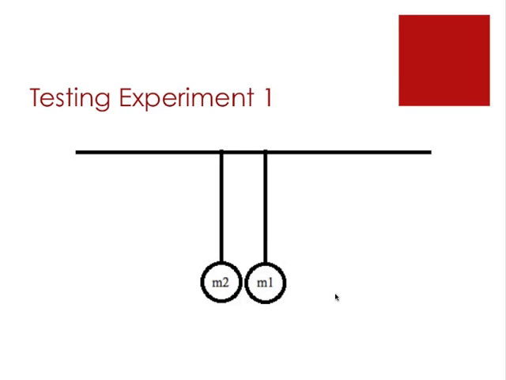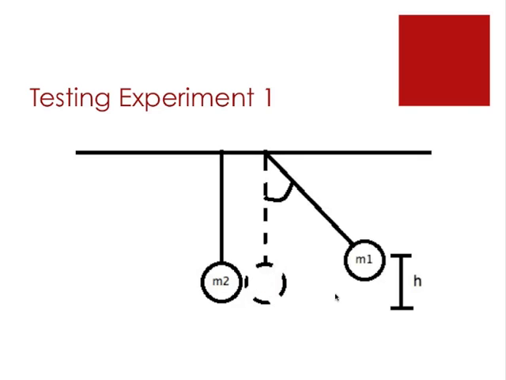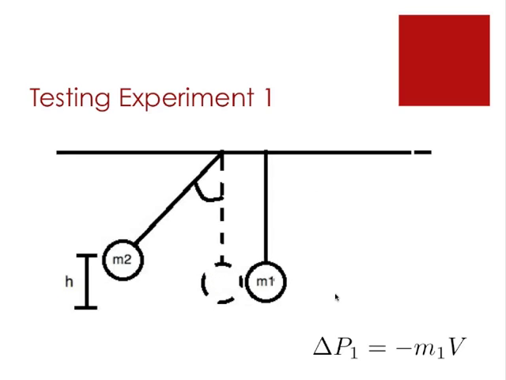If we consider two masses, mass 1 and mass 2, with their masses being equal, and then lift mass 1 to a height of h, and then release the ball, it will strike mass 2. At the moment, though, before it strikes mass 2, it will have a velocity v.